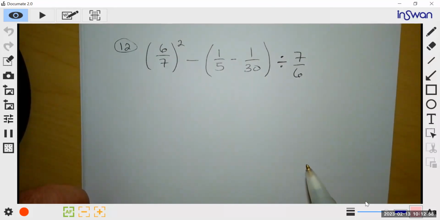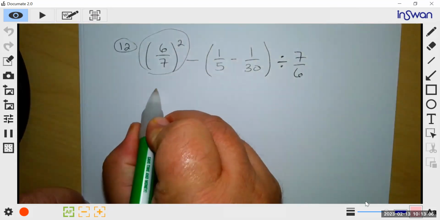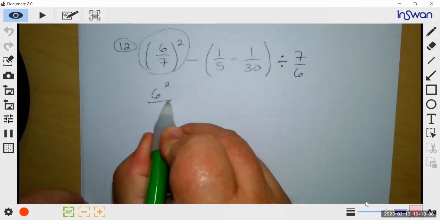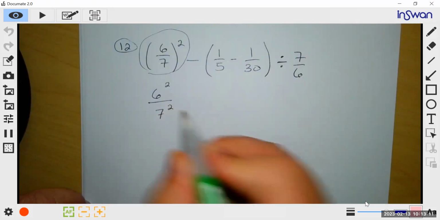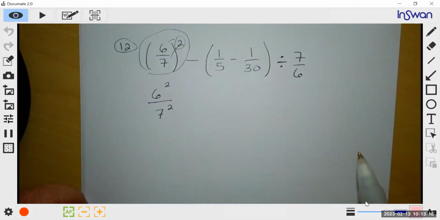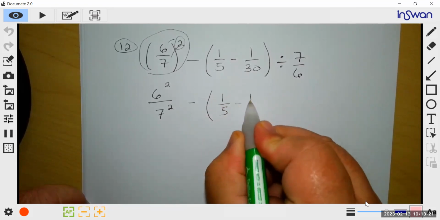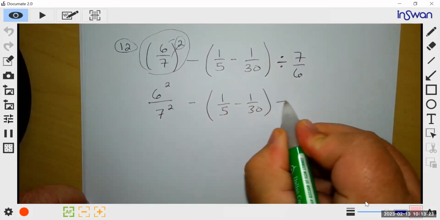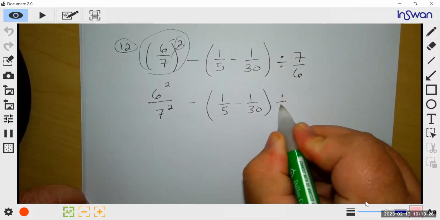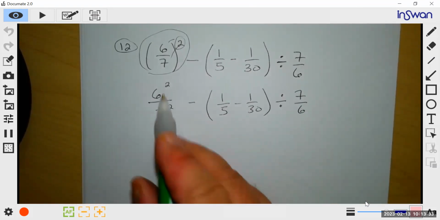First thing we do, which are exponents. So we do this first. So it's 6 to the power 2, 7 to the power 2. Write down everything else. And don't multiply these just yet.